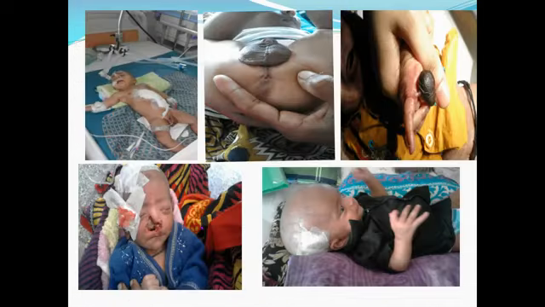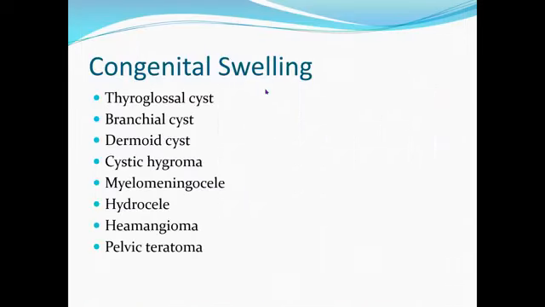There are also some other images of congenital anomalies. Here is congenital diaphragmatic hernia, operated, and also imperforate anus. These are others.